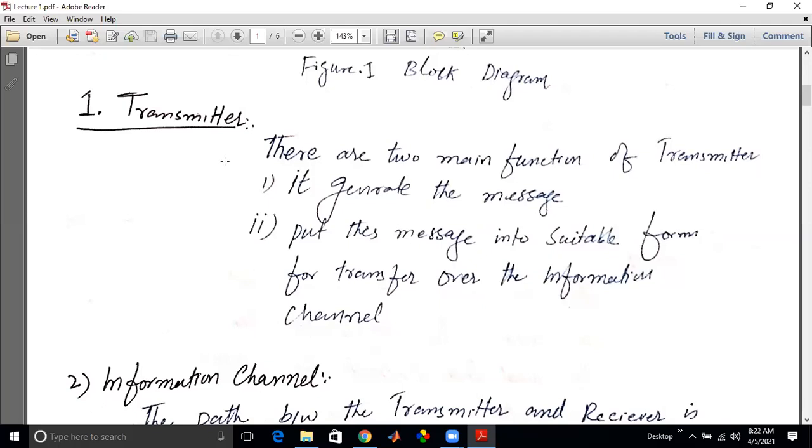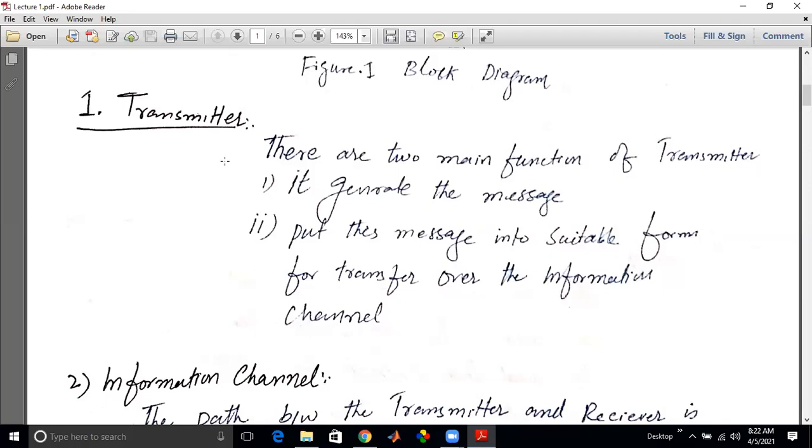So the first function of the transmitter is to generate the message. For example, I'm writing some message. Either I want to send an audio signal or a video signal. So how we will generate this message so that it is capable of communicating, this is the function of the transmitter.